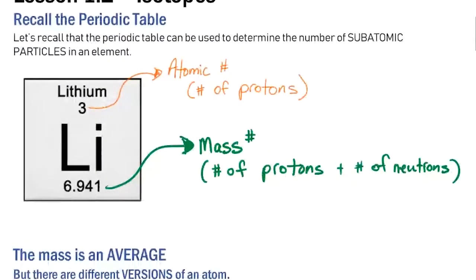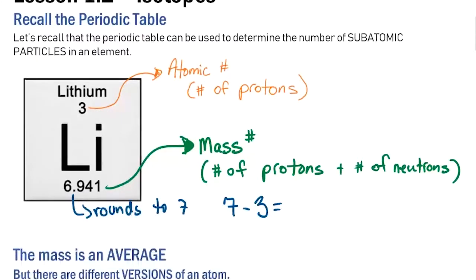And the result of that is if we want to know how many neutrons we have, we can just do some simple subtraction here. If we round this, it rounds to 7. And from there, we can say that if we have a mass of 7, we know that the protons weigh 1 each.